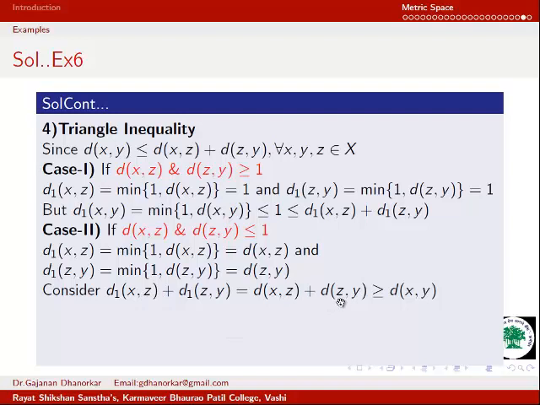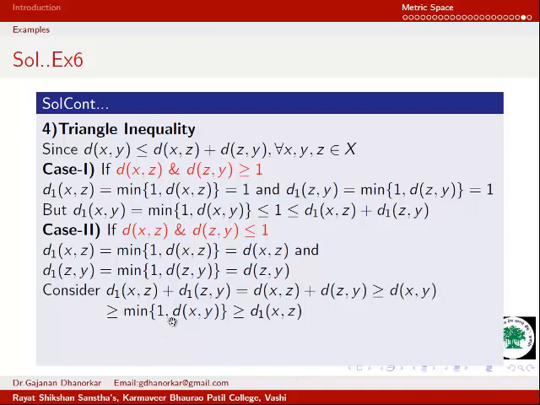And we know that as per the triangle inequality of the D metric, because D is a metric, d of xz plus d of zy is greater than or equal to d of xy. Therefore d1 of xz plus d1 of zy is greater than or equal to d of xy.